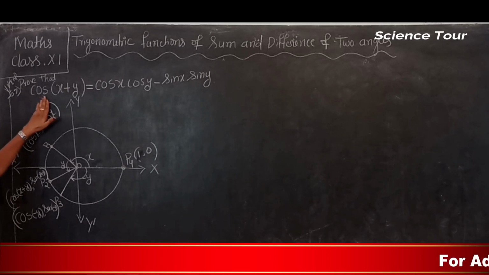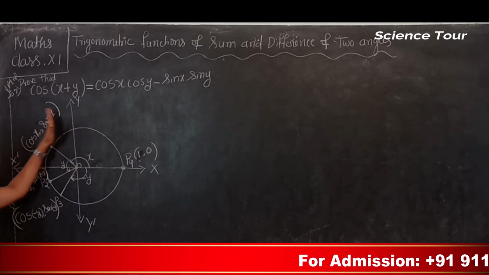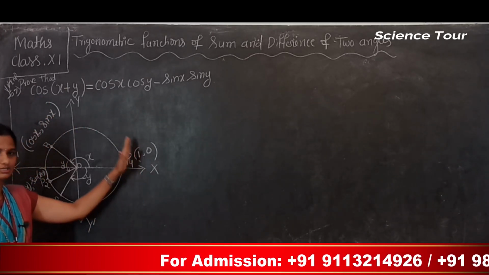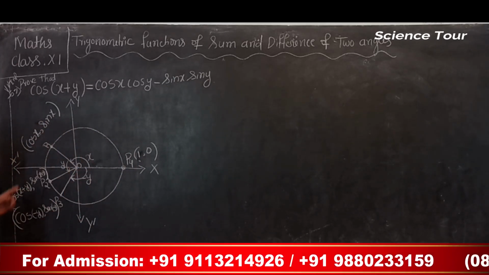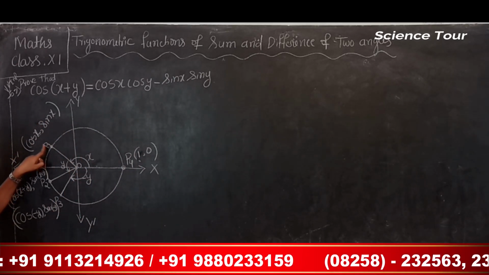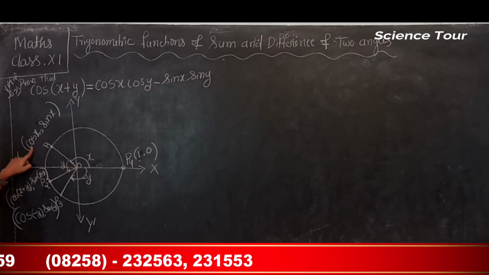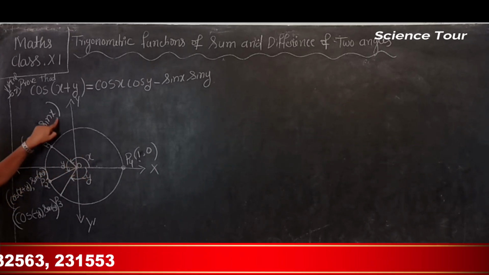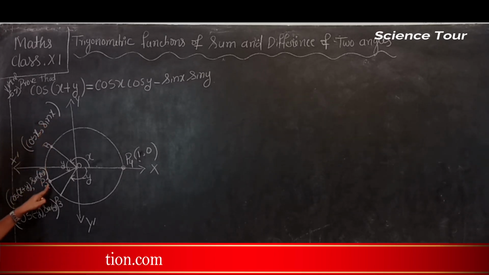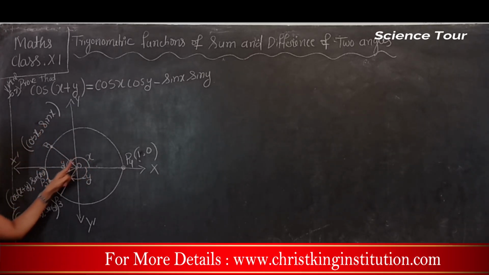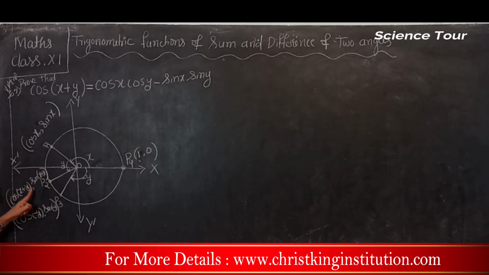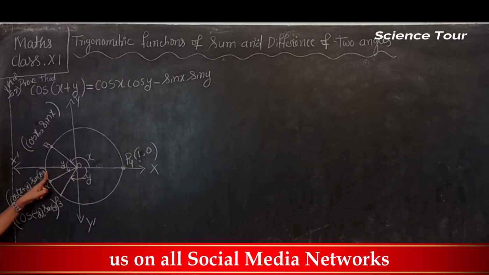So to prove this formula, you should first write these 4 coordinates. What are those 4 coordinates? P1 makes an angle x, so your coordinate is cos x comma sin x. Next P2, the angle is x plus y, so your coordinate is cos of x plus y comma sin of x plus y.